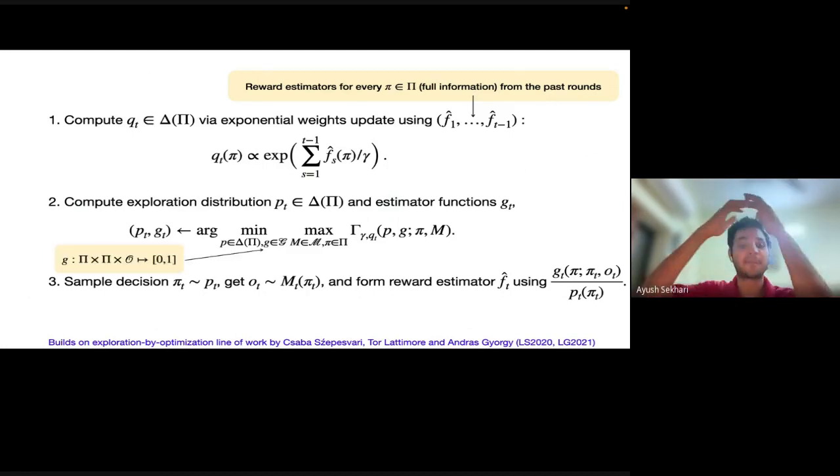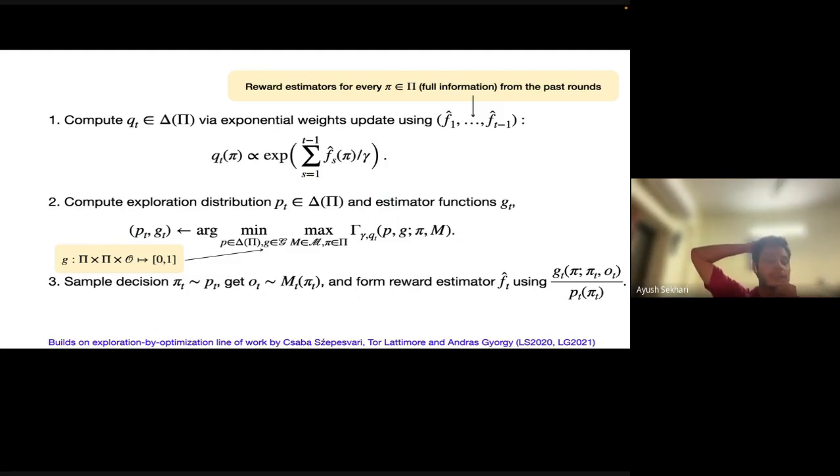G maps a policy cross observation to some real in 0, 1. Okay, so in order to solve the partial information problem, given a Qt, we solve a min-max problem in order to get a PT and GT.